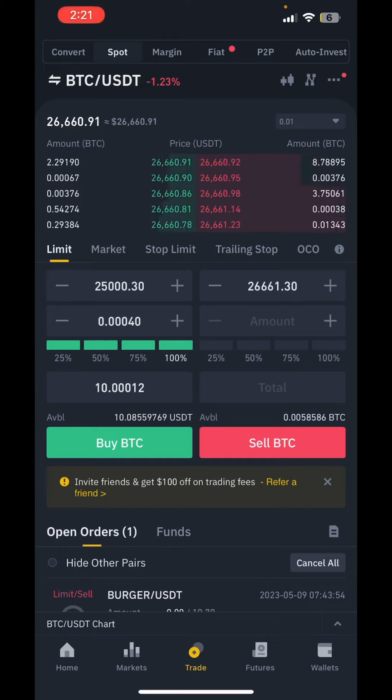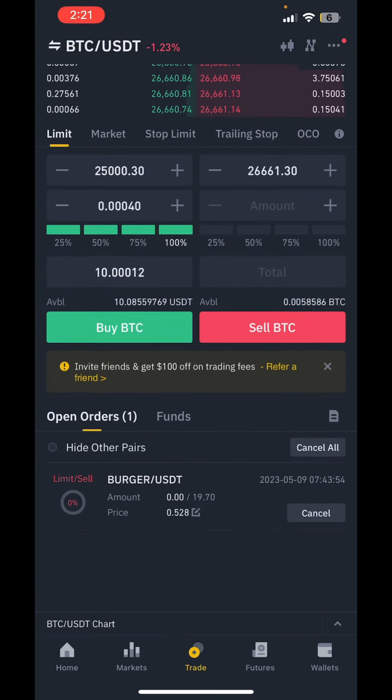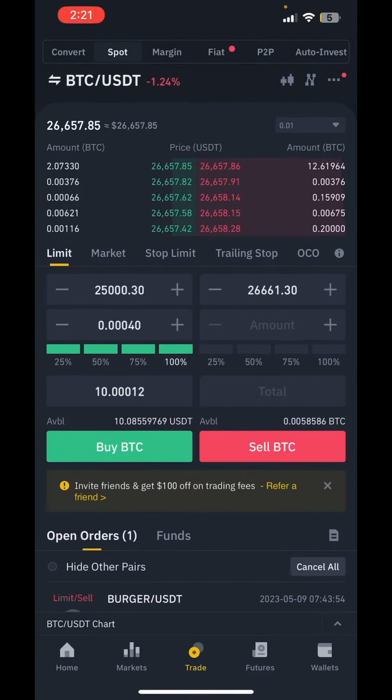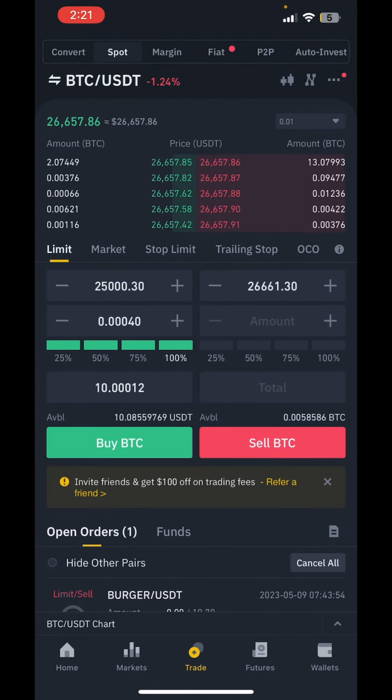So when I click buy, it will show on this open order. It will show you when Bitcoin gets to this particular price, this 25,000. That is when I'm going to enter the market. You understand? That is when I'm going to enter the market.